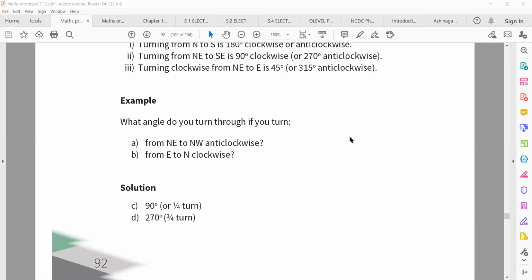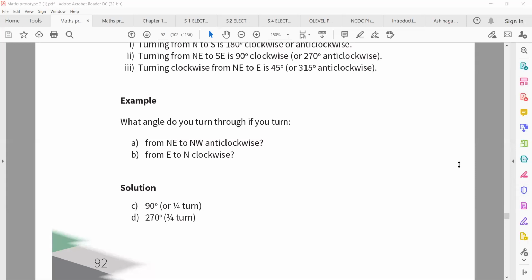So you realize that we've been given those few points on the screen. When you're turning from the north to the south, you're expected to obtain an angle of 180 degrees clockwise or anti-clockwise. And then turning from northeast to southeast, we have 90 degrees clockwise or 270 degrees anti-clockwise.